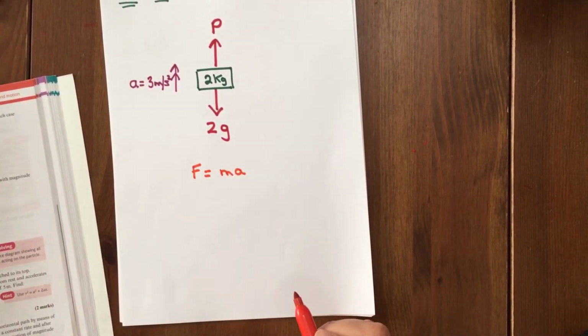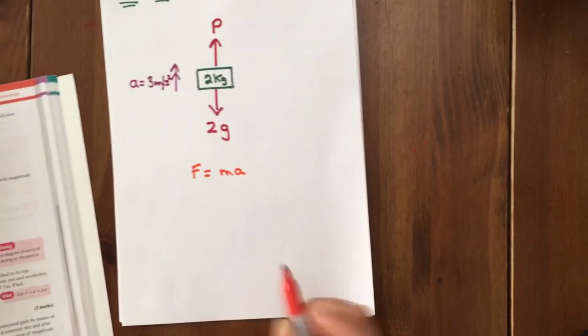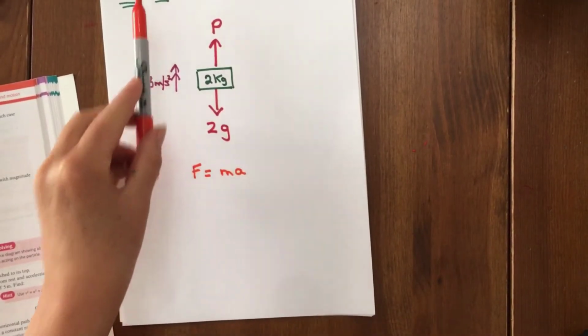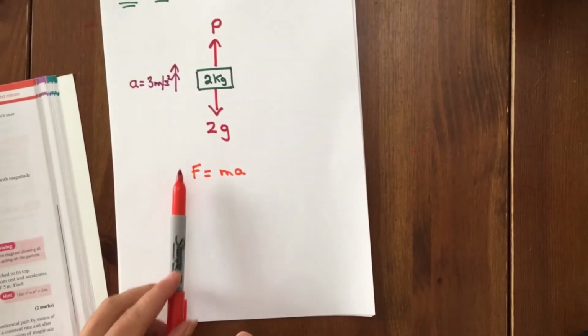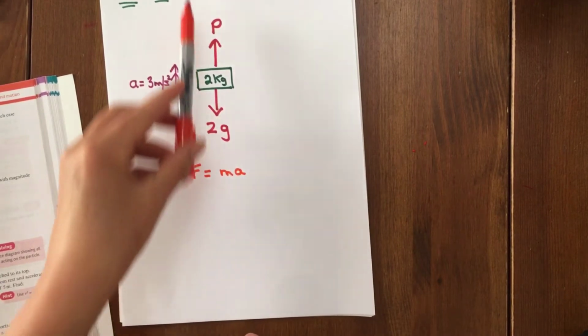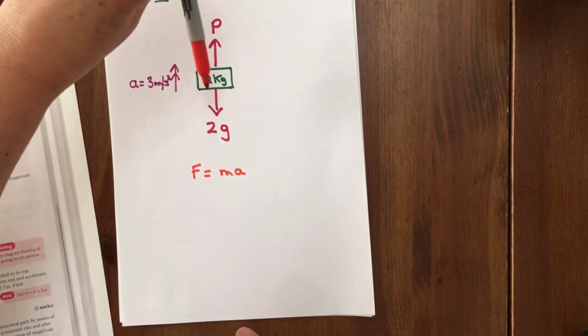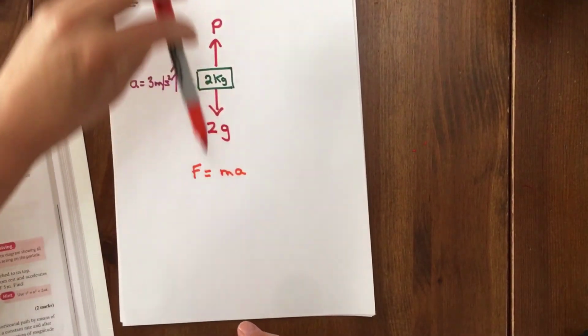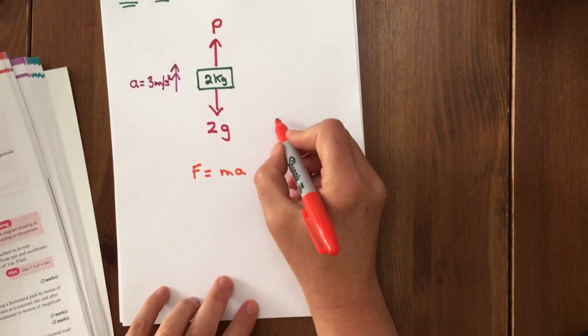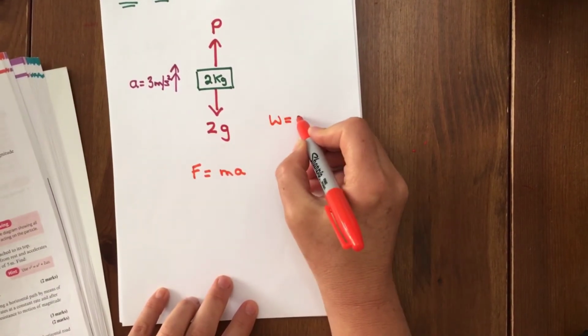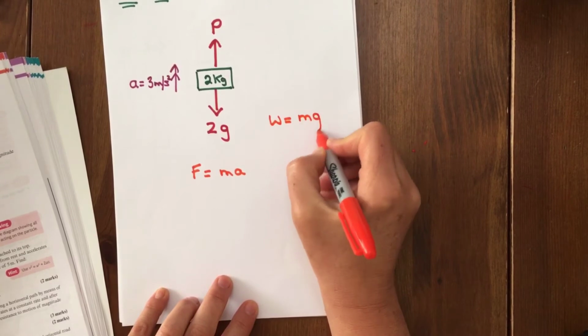Now, I do what's called resolving the forces. I'm going to look at my motion as going upwards. So my total force going upwards, I've got P going upwards, but the weight of the object, remember, weight equals mass times gravity.